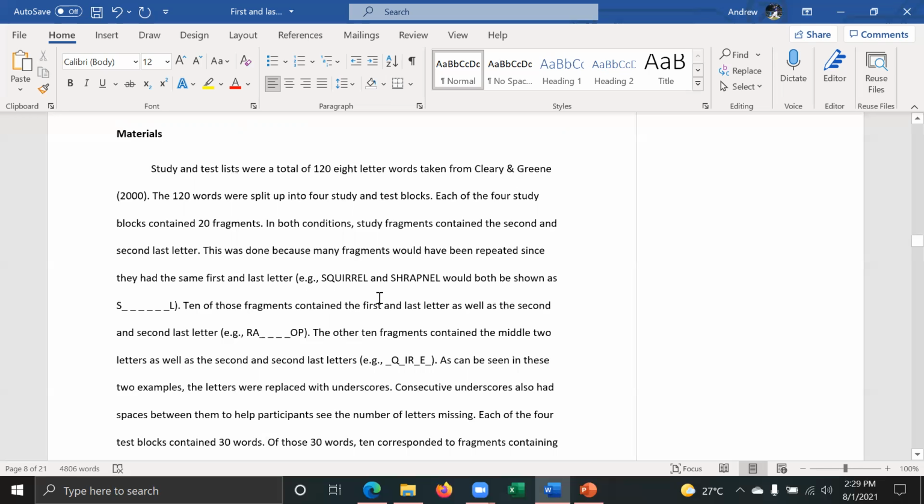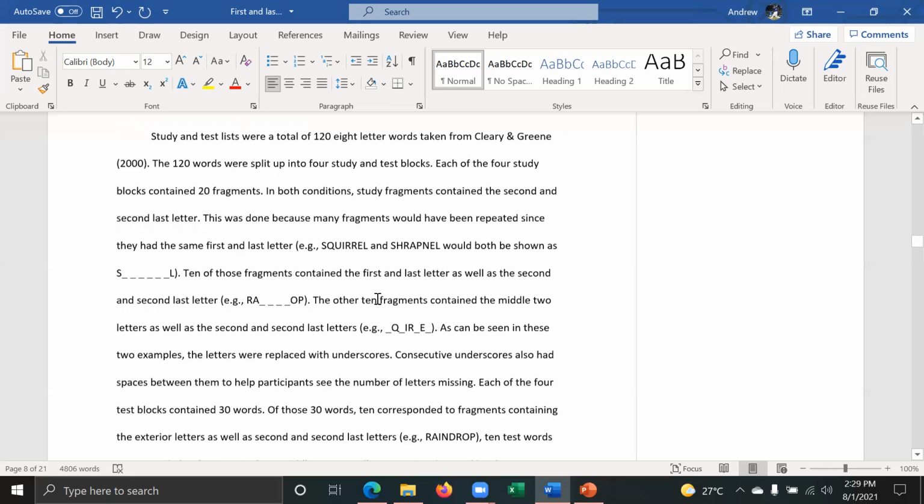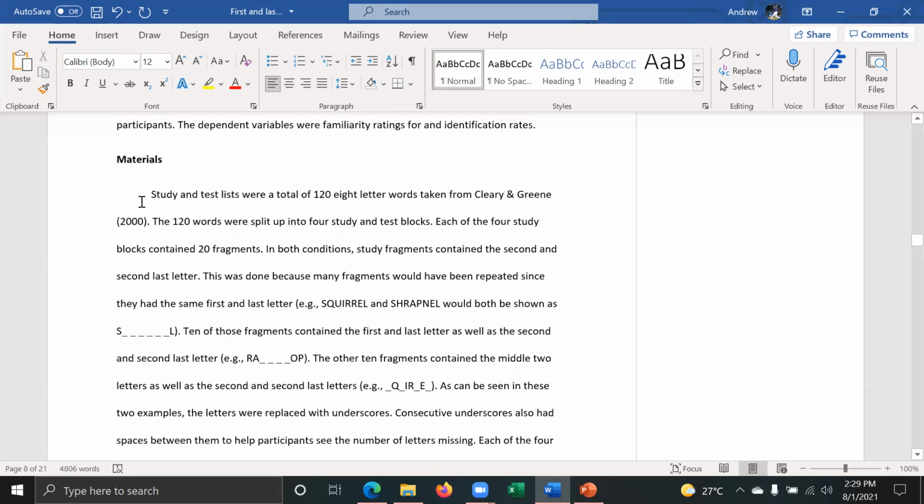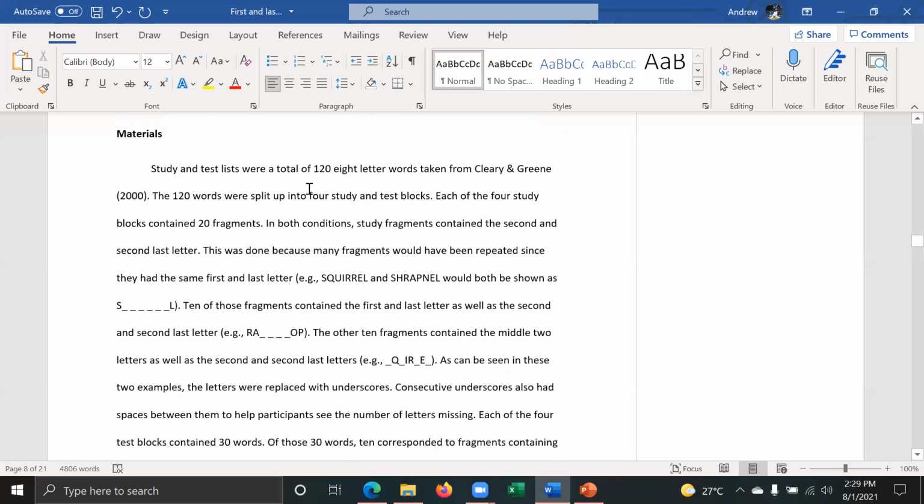Okay, now materials. Study and test lists were a total of 128 eight-letter words taken from Clear and Green 2000. Notice here, this is what I mean by number of trials. If you're doing some sort of test, you want to specify how many trials they got.